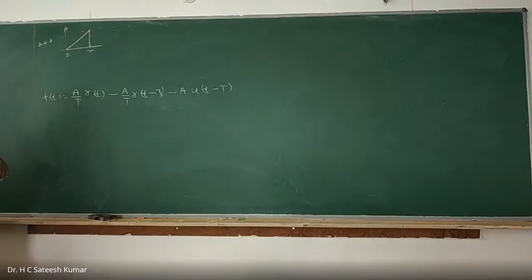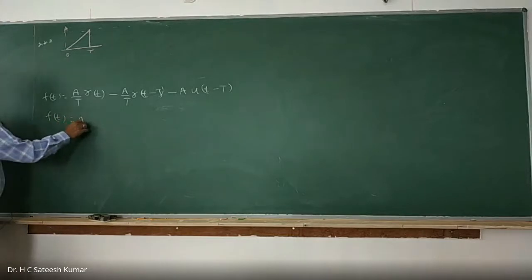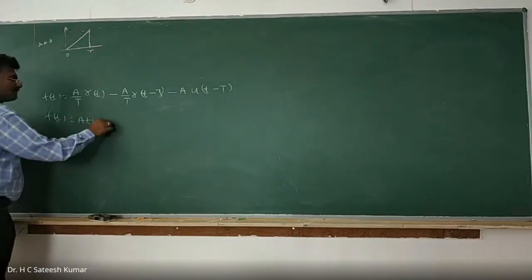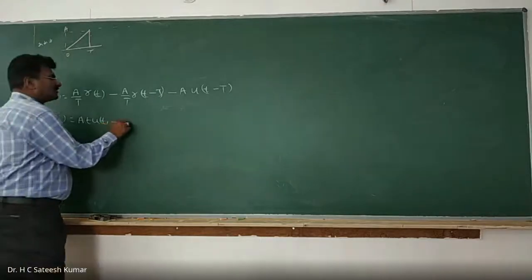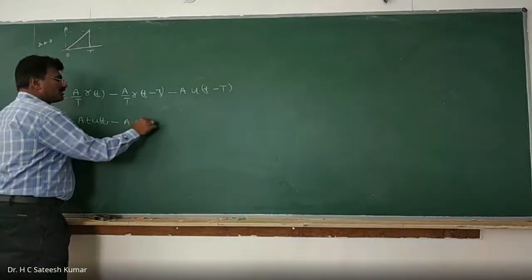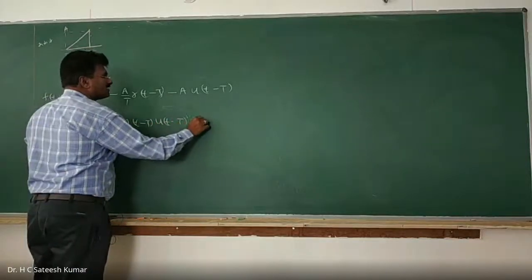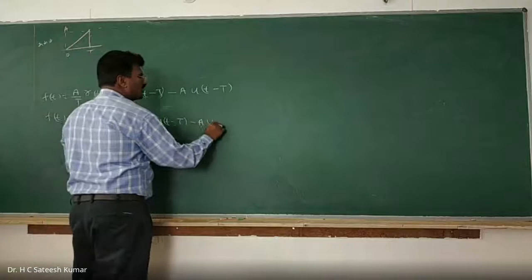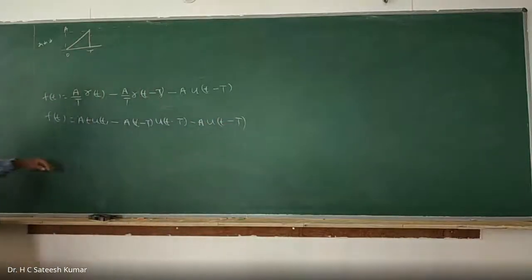So now you can write this in terms of steps: f of t is equal to A by T into t into u of t, minus A by T into t minus T into u of t minus T, minus A into u of t minus T. Everything is written in terms of step so that the Laplace transformation becomes easy.